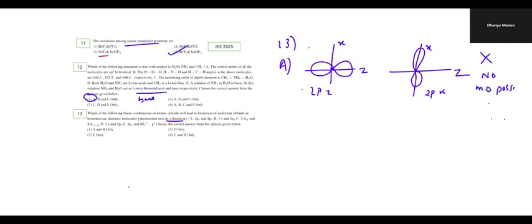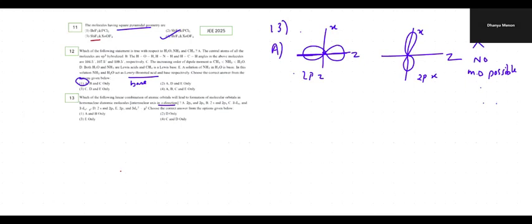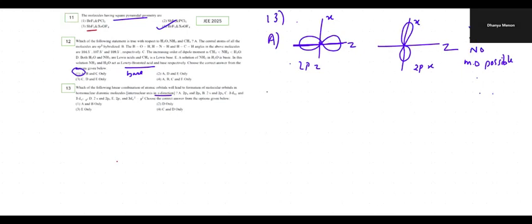So here the necessary condition is that the internuclear axis should be the z-axis. This is the internuclear axis, and you should take it as the z-axis. This is to avoid confusion and to allow uniformity. Now, in B, it is 2s. 2s has a spherical shape, and still we consider this as the z-axis and this as the x-axis, and also 2px.